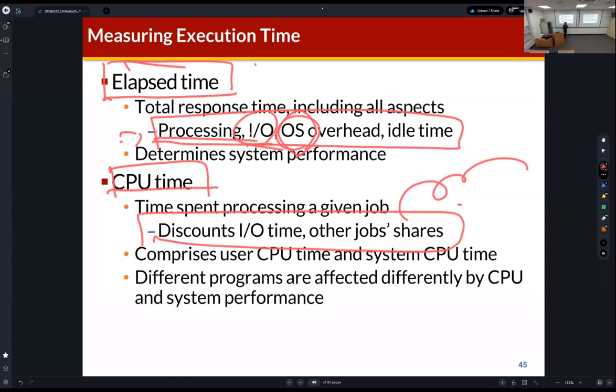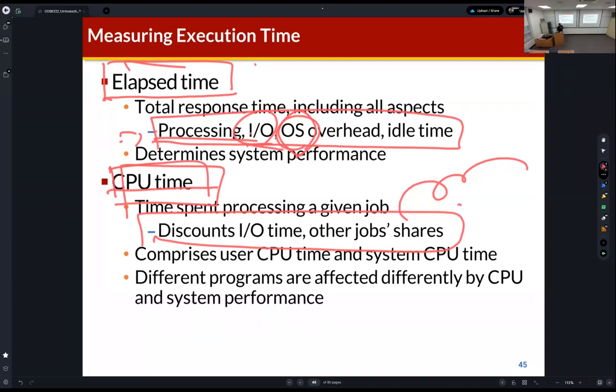So we can measure the pure execution time of our application by the CPU only. Okay, this is the CPU time. So this time, we will focus on the CPU time.